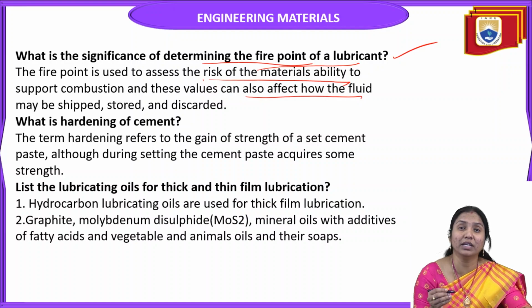So determining the fire point of a lubricant is most important. It prevents fire hazards, assesses the material's ability to support combustion, and determines how the fluid may be shipped, stored and discarded.